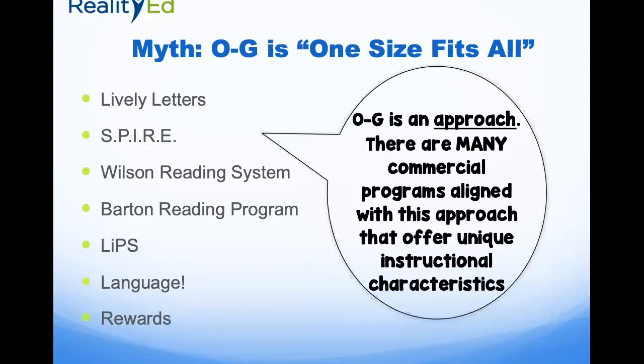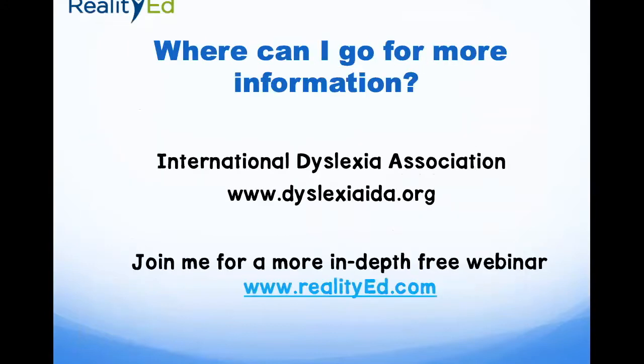And some programs are better matches for some students than others. I have a couple of programs here listed that are aligned with Orton-Gillingham's methodology, but they're all very different and they teach things in a different order, but they do get back to those essential values of explicit and systematic instruction in the structure of our language.